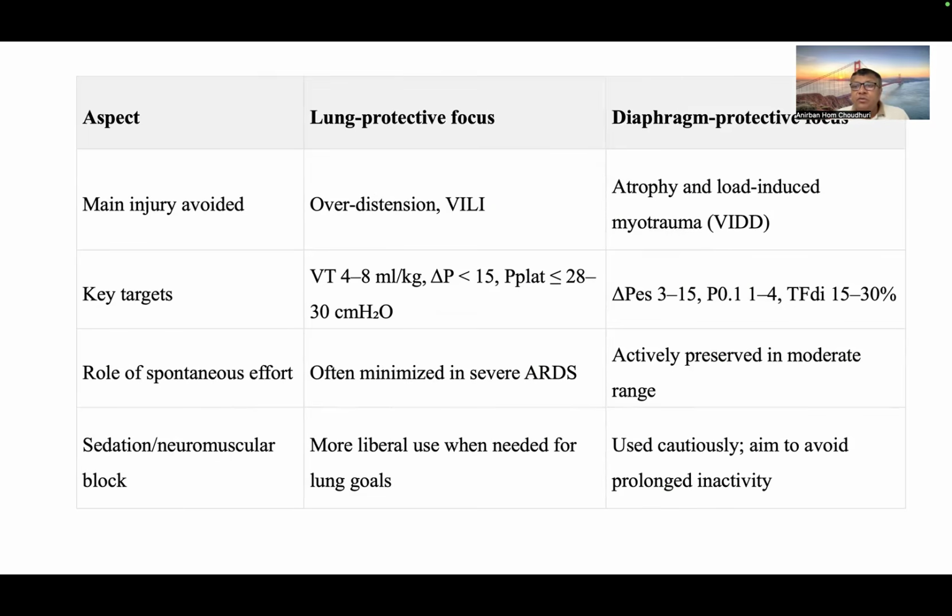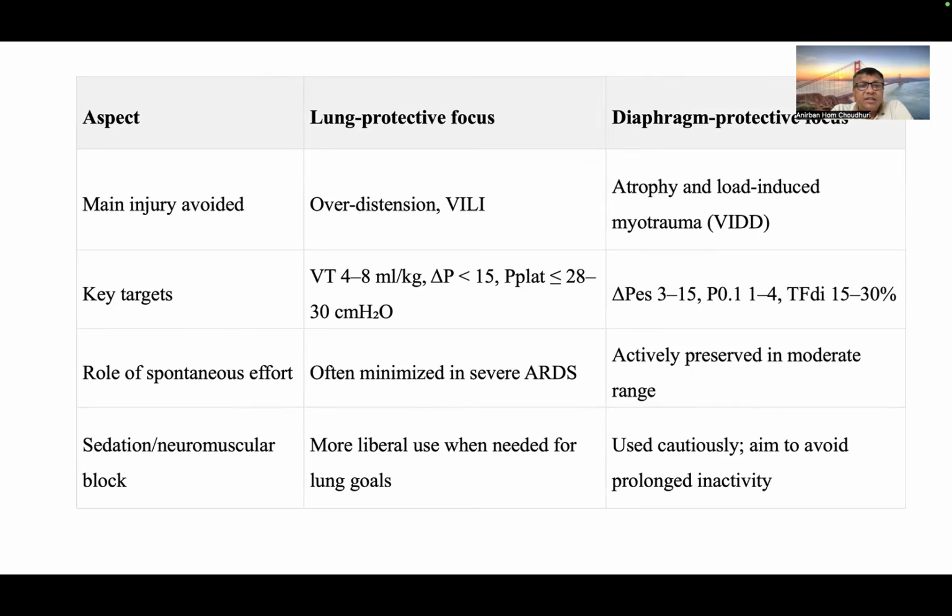So if we try to look into the distinct aspects of the lung protective focus and the diaphragmatic focus, we know that in lung protective focus, the main injury to be avoided is the over-distension leading to VILI. In diaphragmatic protective focus, the main injury to be avoided is atrophy and load-induced myotrauma leading to ventilator-induced diaphragmatic dysfunction.